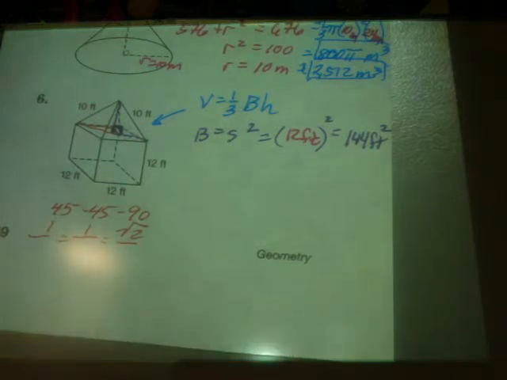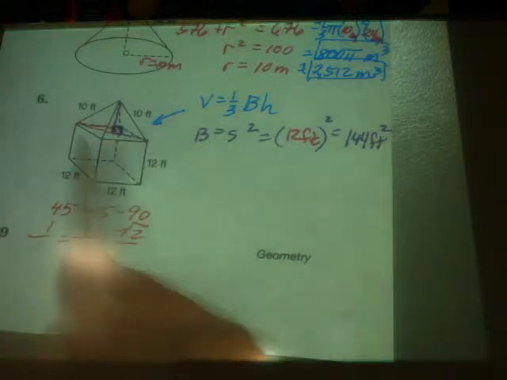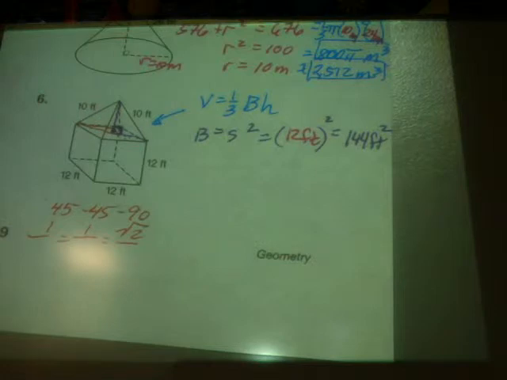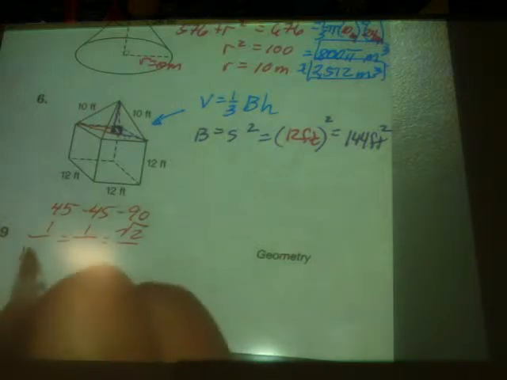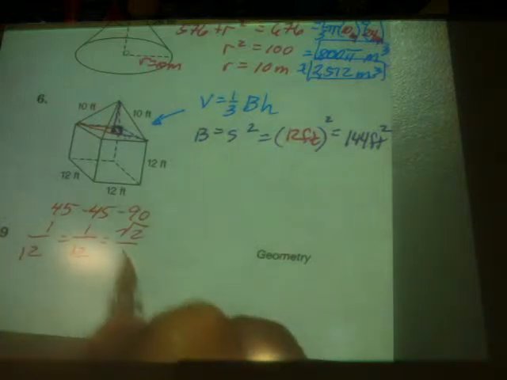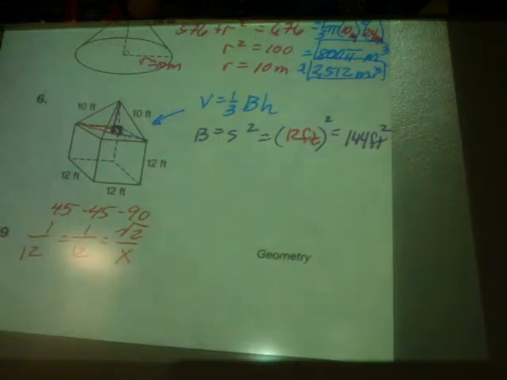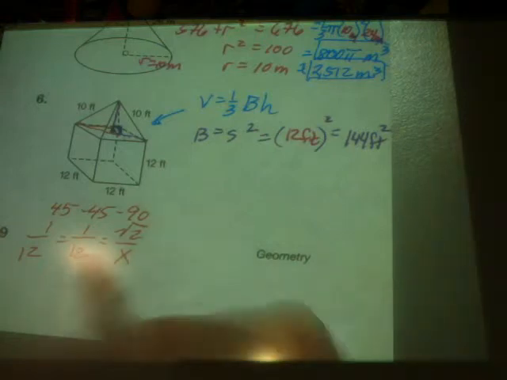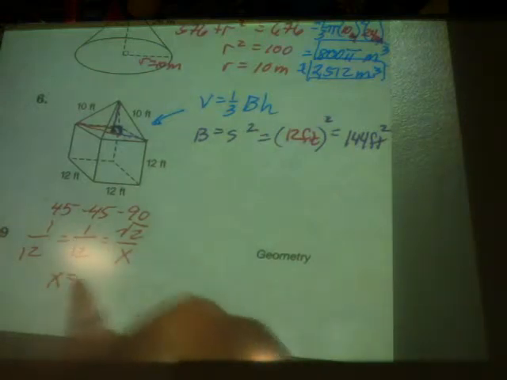And then I know that this side is 12 and this side is 12. And aren't those the legs of my right triangle? So both of my legs are 12 and 12. And I'm trying to find that diagonal. So we're going to solve this proportion here, which is fairly simple. If I cross multiply, I get x is equal to 12 radical 2.